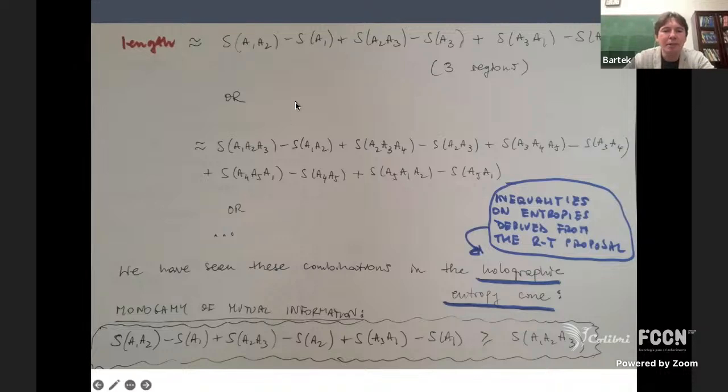So now we see, if we compare this expression and that expression, there will be a pattern. What if I had 7 regions? Then I would say entropy of A1,A2,A3,A4 minus A1,A2,A3. Then A2,A3,A4,A5 minus A2,A3,A4, and so on.